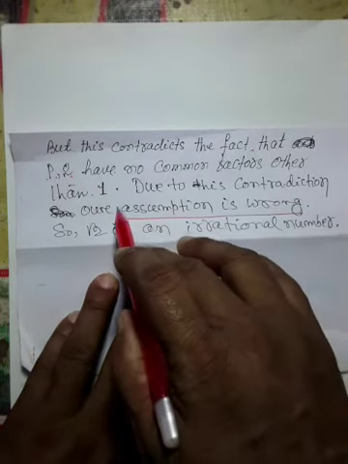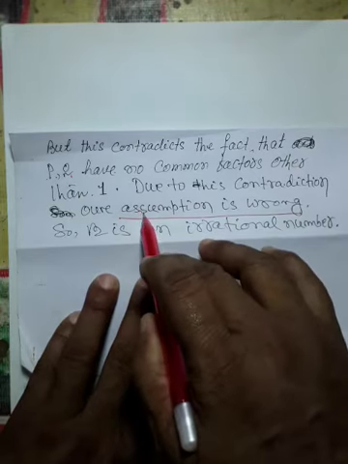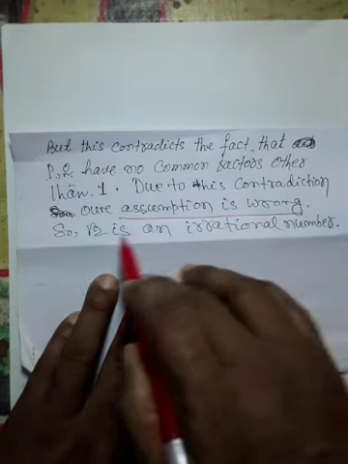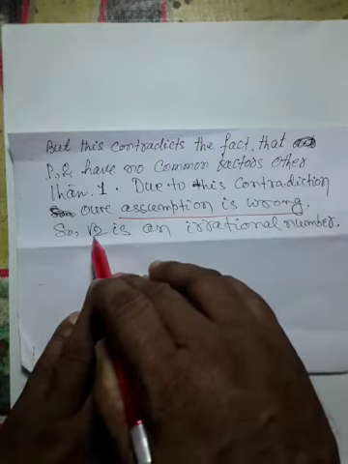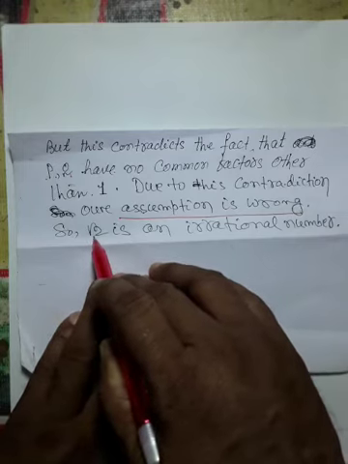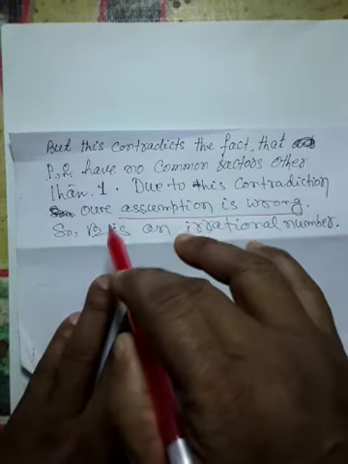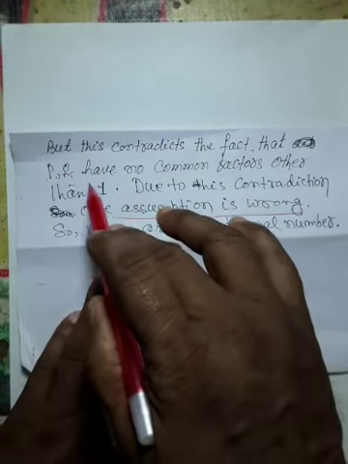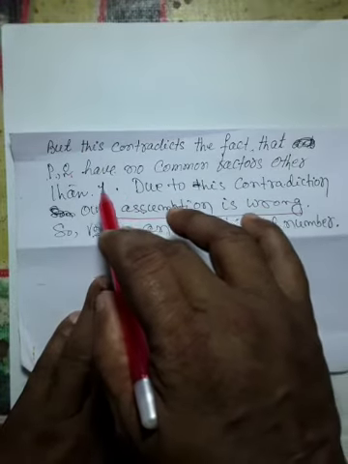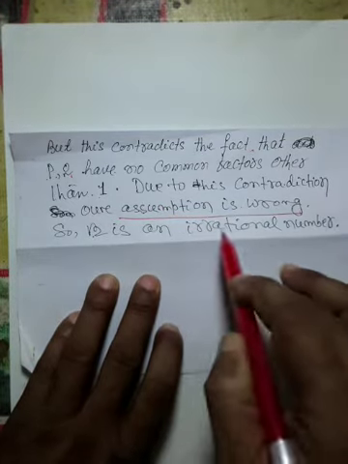What was our assumption? We assumed that root 2 is a rational number, with p and q having only 1 as a factor. But here we proved that p and q have other factors except 1. So our assumption is wrong, and root 2 is an irrational number.